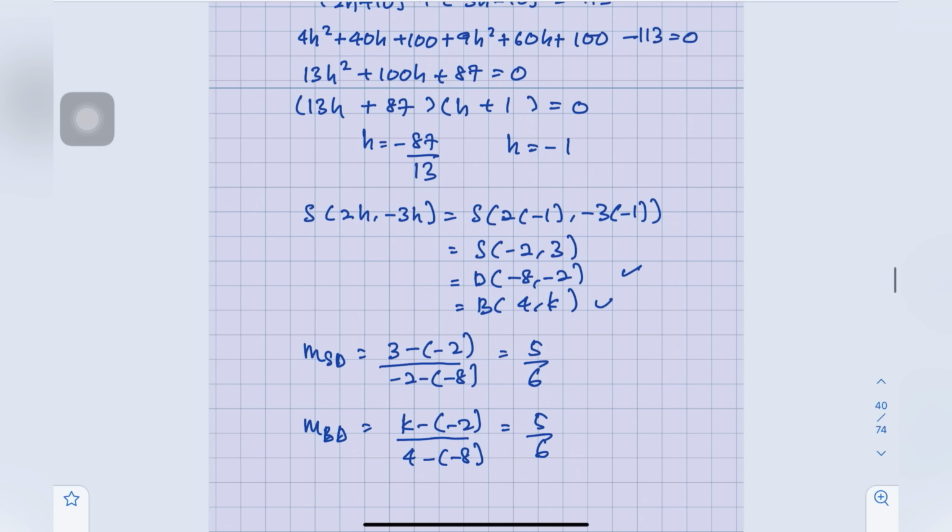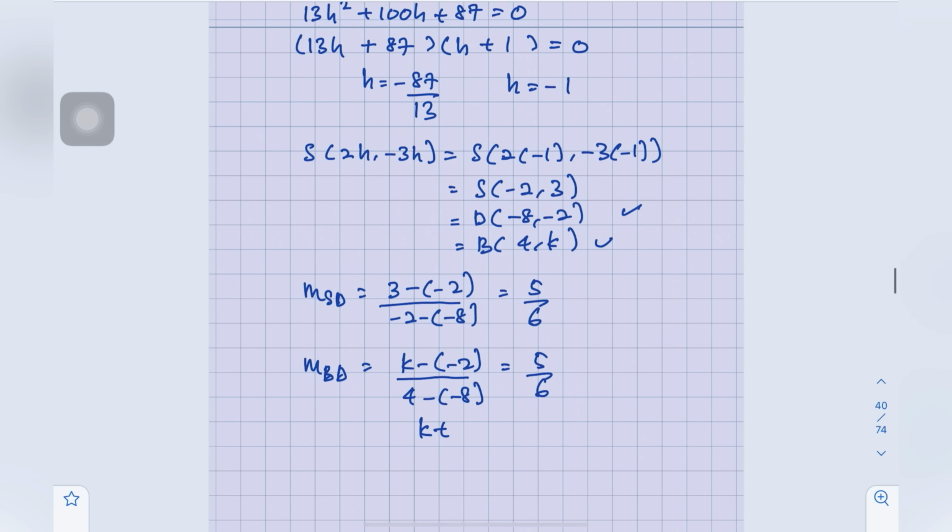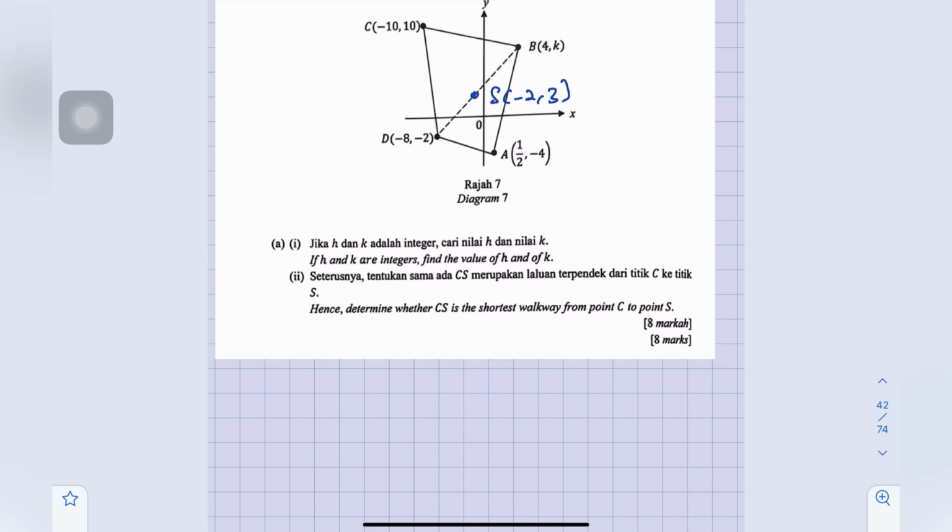So we get K plus 2 equals 5 over 6 times 12, so K equals 8. Okay, just now H is negative 1 and K equals 8, both integers. Part (ii): hence determine whether CS is the shortest walkway from point C to point S.